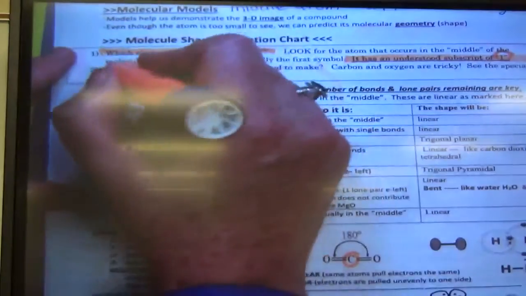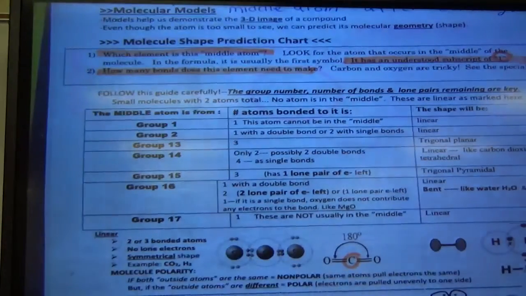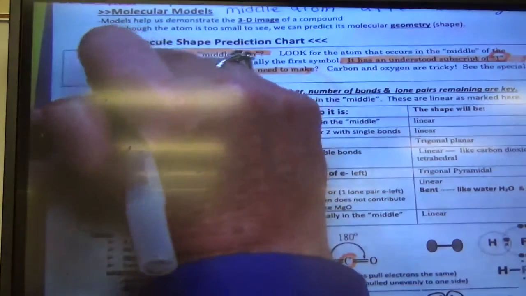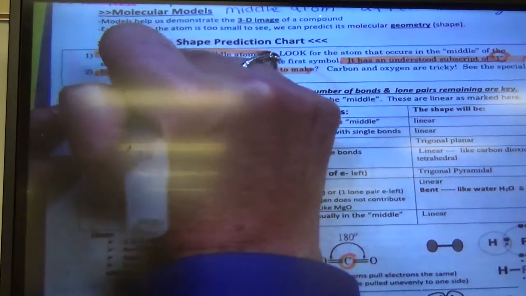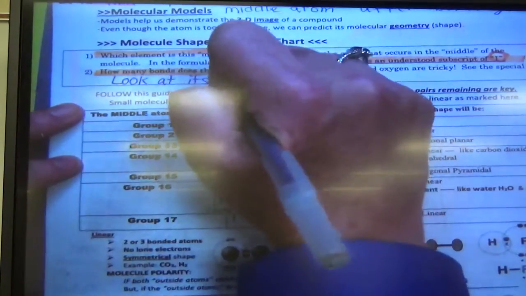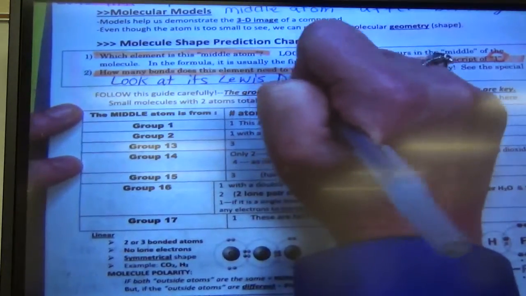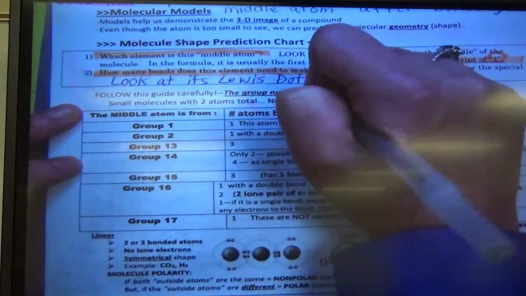Then we're going to have to consider how many bonds this element needs to make. In order to determine that, we are going to look at its Lewis dot diagram. Remember I practiced Lewis dot diagrams with you last class?